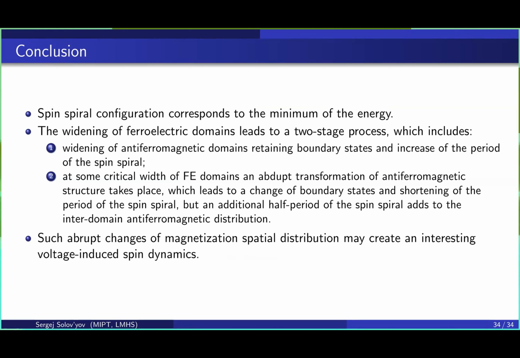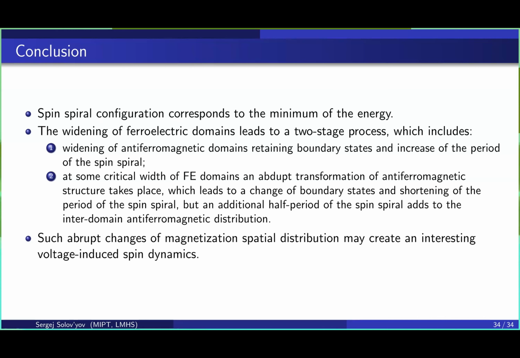The second is that the widening of ferroelectric domains leads to a two-stage process, which includes a widening of antiferromagnetic domains, retaining boundary states at the domain wall, domain boundaries, and an increase of the period of the spin spiral, the so-called widening of the period of the spin spiral.